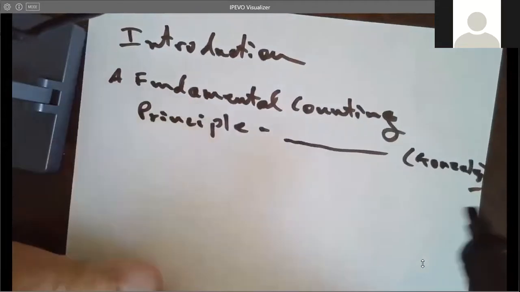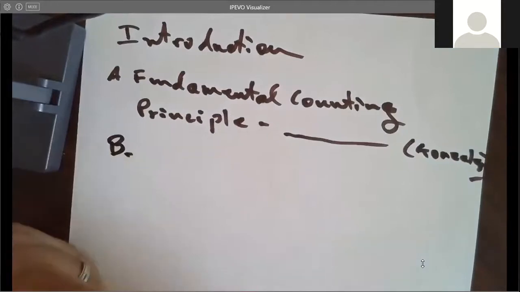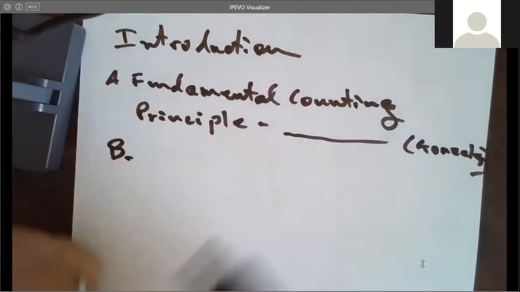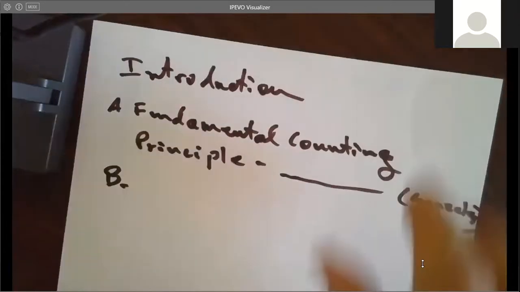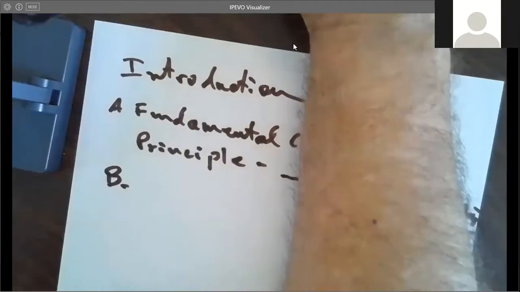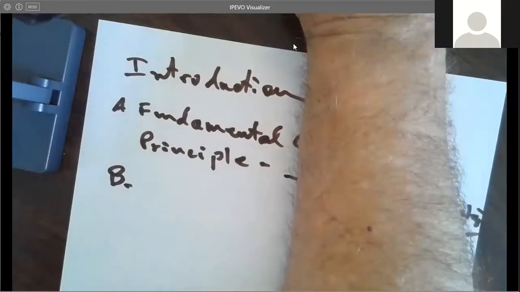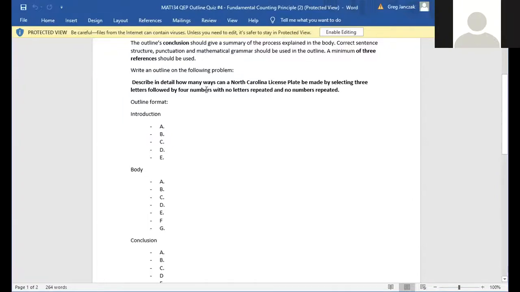So, and then B, you can list different things that, in the essay, it says, describe in detail how many ways a North Carolina license plate can be selected, 3 letters followed by 4 numbers, with no letters repeated and no numbers repeated.